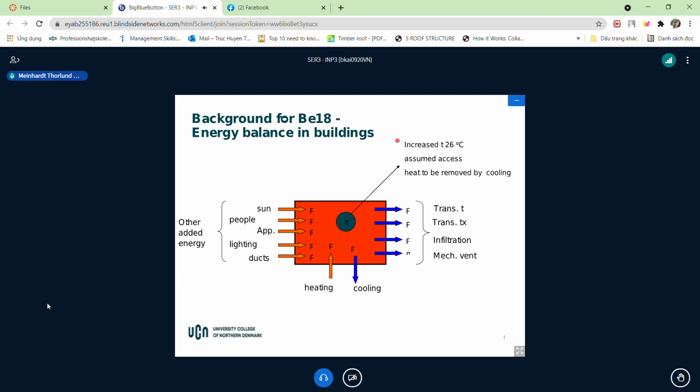And also, it has like an extra. So basically, if the calculation finds out that we're not cooling enough in the building and the temperature is going to exceed 26 degrees, it's going to remove that excess heat by a kind of inefficient cooling system. So you're going to get like a punishment, you could say, if you don't have enough cooling in your building.